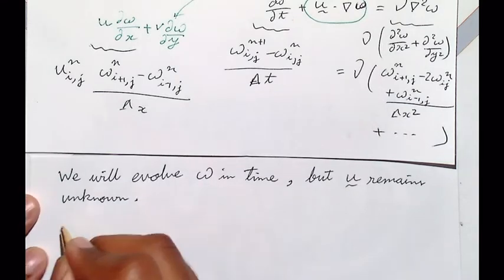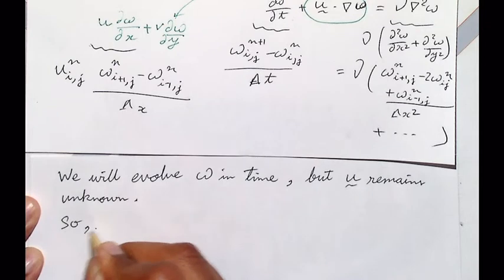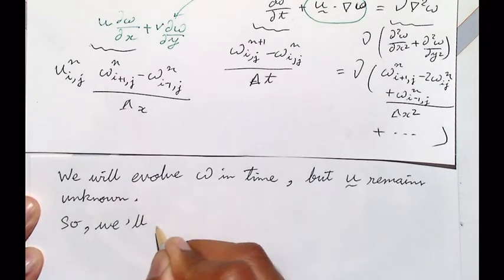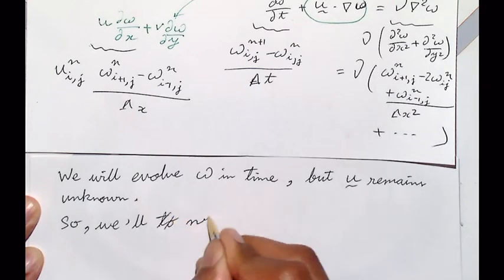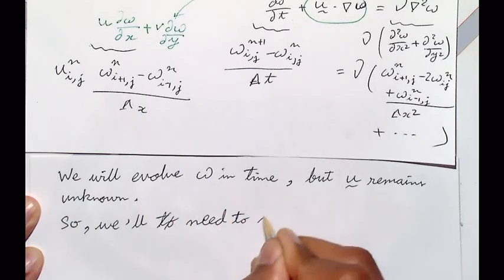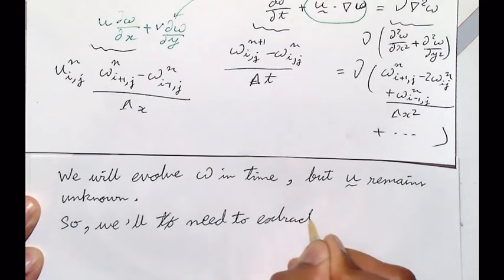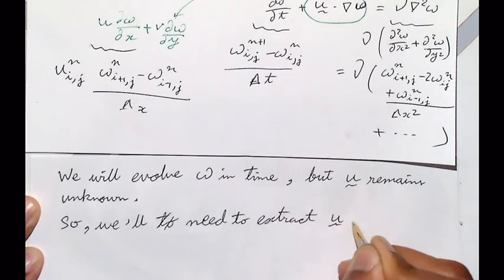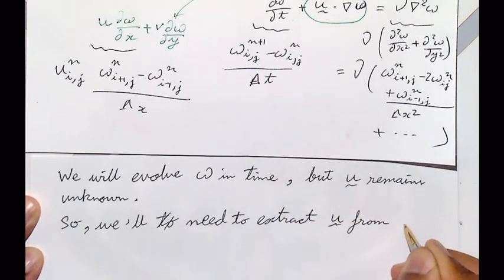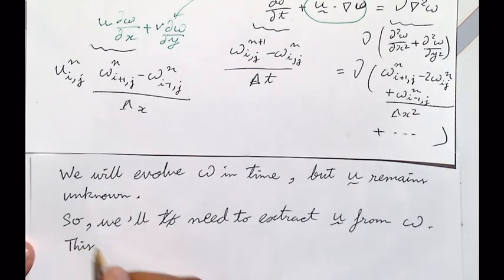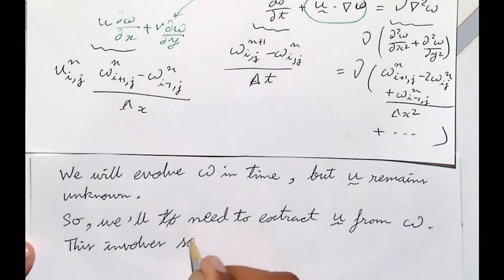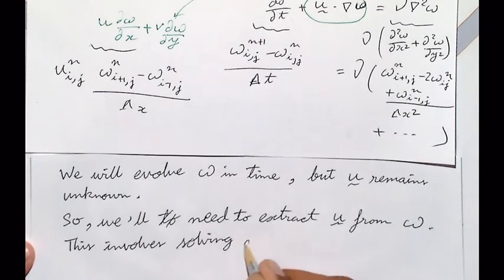Okay? So we will need to extract u from the omega. And this involves solving a Poisson's equation.